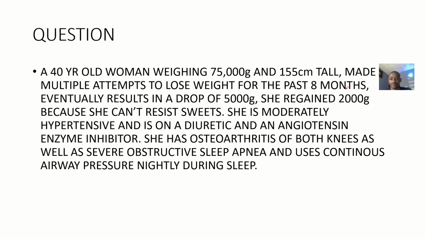We said a 40-year-old woman was weighing 75,000 grams. These grams you have to convert to kilograms, so that's 75 kg. And she's 155 centimeters tall. Convert these centimeters to meters, that's 1.55 meters. She made multiple attempts to lose weight for the past 8 months, so that weight loss now starts making you think about obesity.